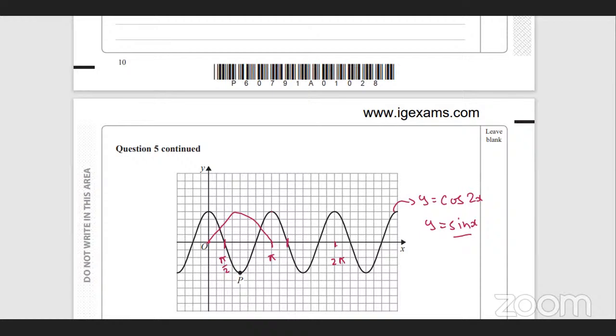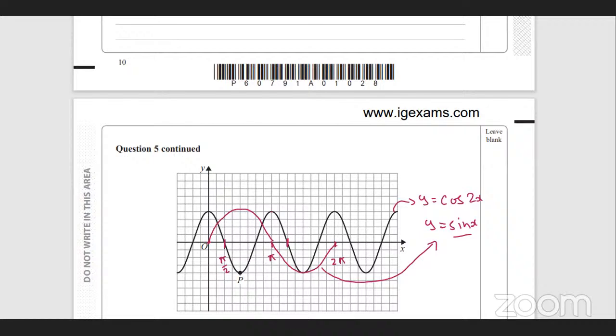So this is going to be of this type. And I will redraw this as well, just so it's neat. Now this is for y equals sine x.